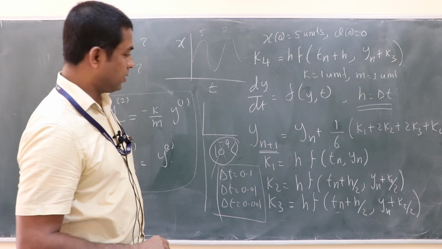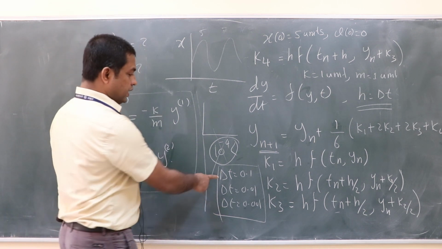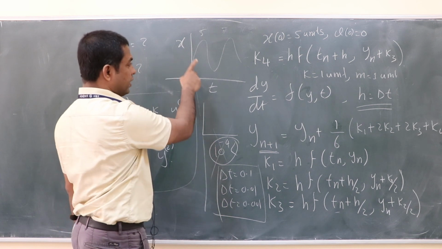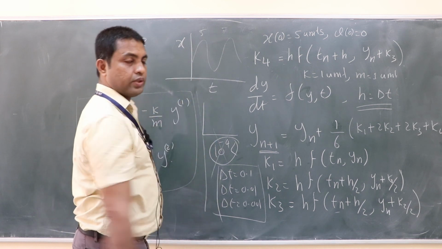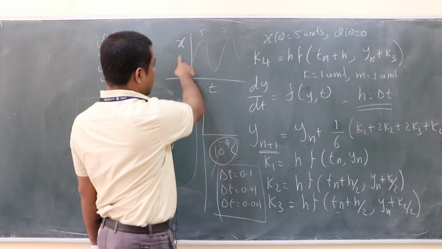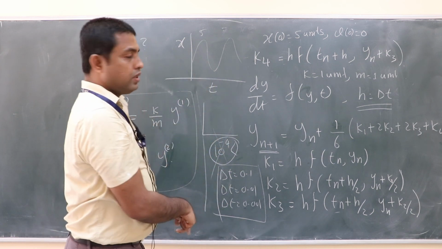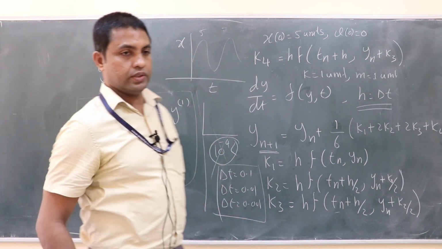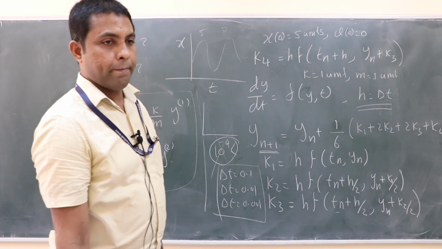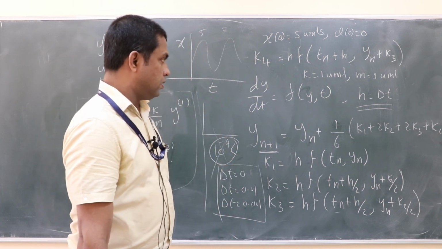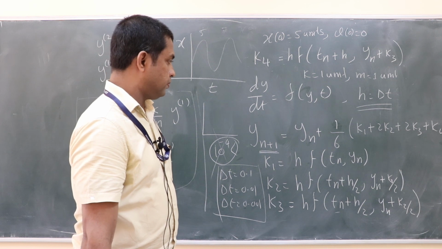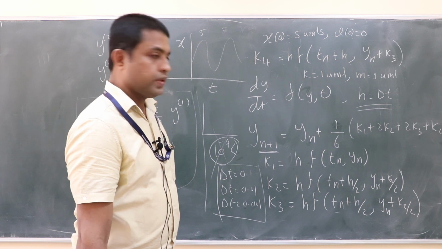For each delta t, you have one E graph and one X graph. There are 3 delta t, so 3 into 2. Each X graph will have 3 curves, and each E graph will have 3 energies. Yes, sir, understood. Any other question?